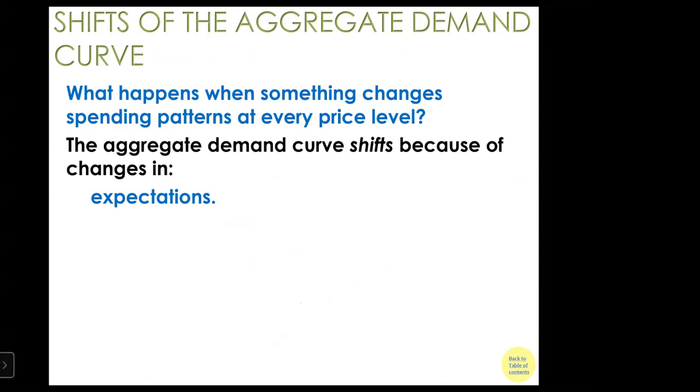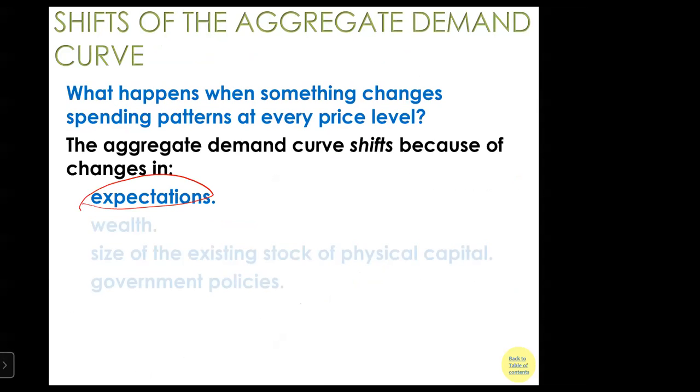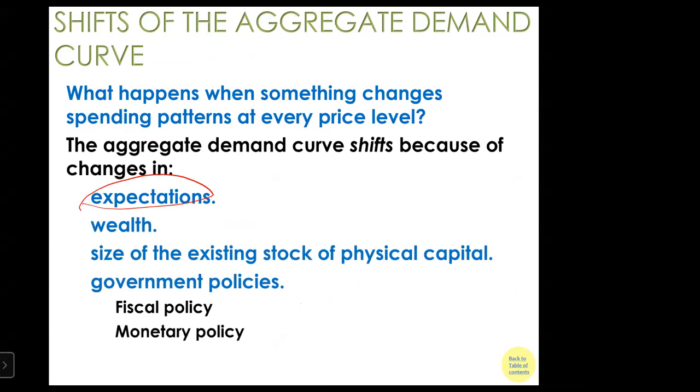Right? So here are possible factors that can cause the aggregate demand curve to shift. Okay. First, expectation. Okay. What are the expectations? Think about expectation of your income in the future. Think about expectation about the price level in the future, not today. Okay. And the next is wealth. Right?